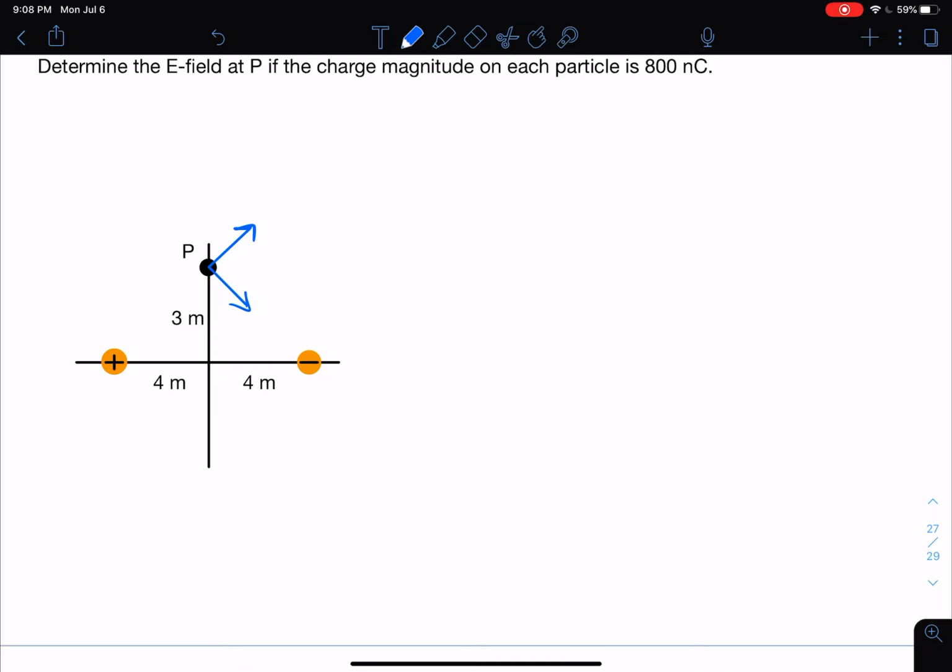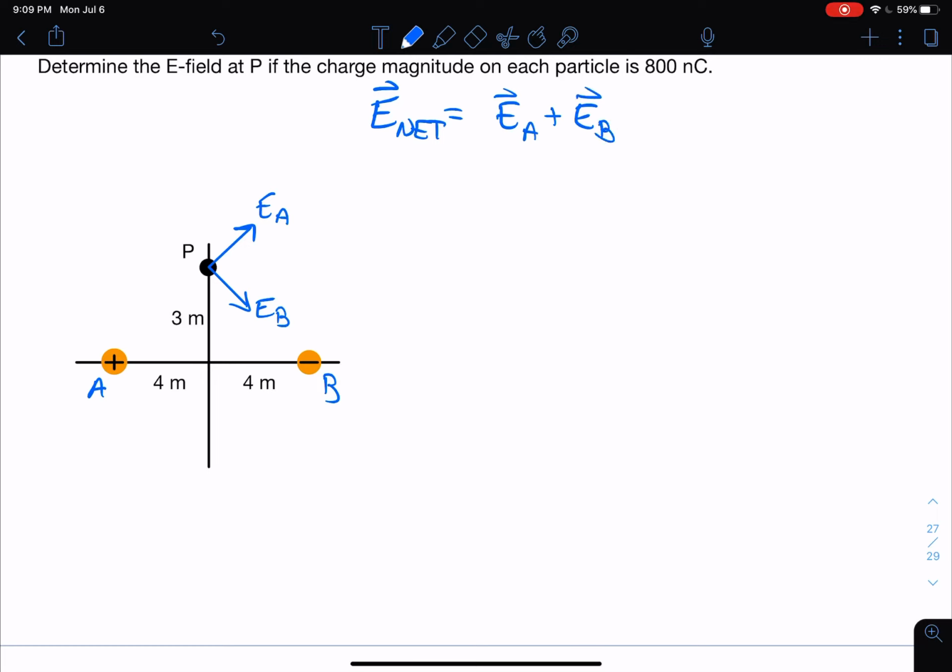Now I need to label these two E fields so I don't get confused. So let's call this particle A, we'll call this particle B, so that this is the electric field due to A, this is the electric field due to B. And the net electric field has got to be EA plus EB.